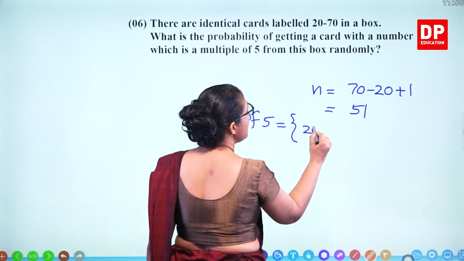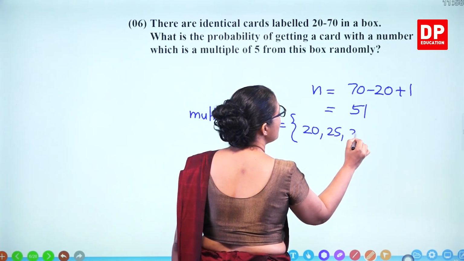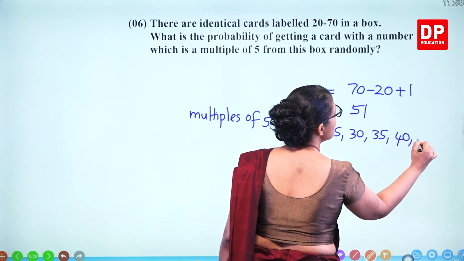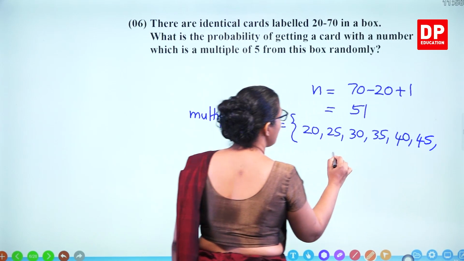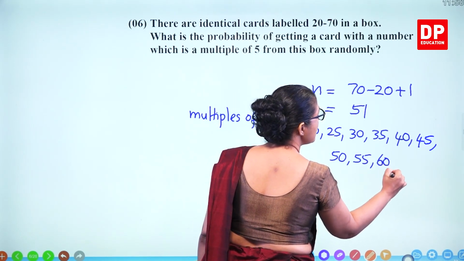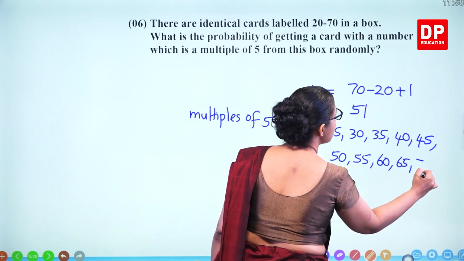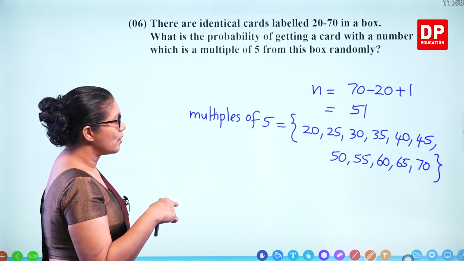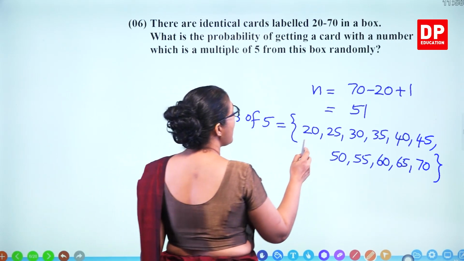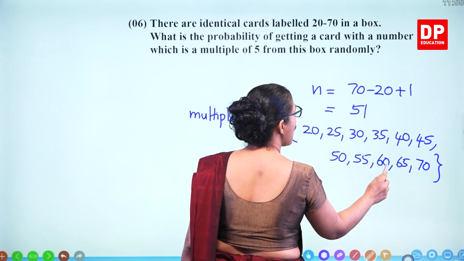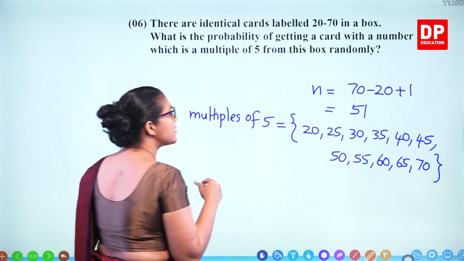So 20, 25, 30, 35, 40, 45, 50, 55, 60, 65 and 70. All are included, 20 and 70 also. So how many numbers are there? 1, 2, 3, 4, 5, 6, 7, 8, 9, 10, 11 numbers are there.